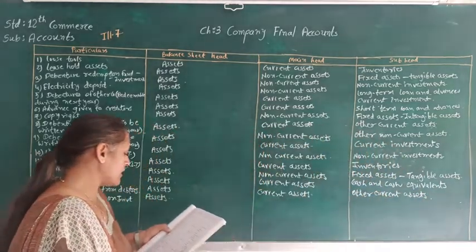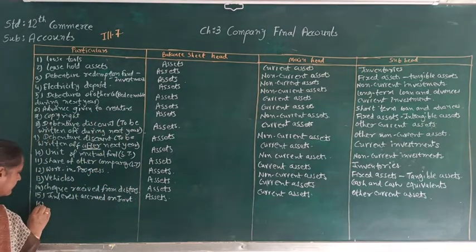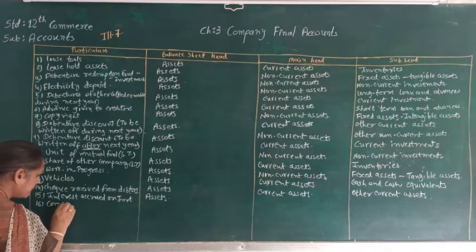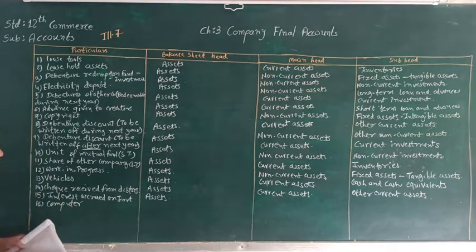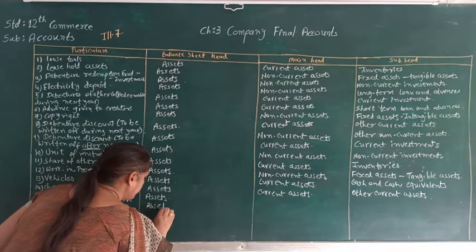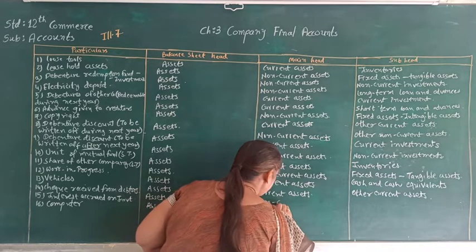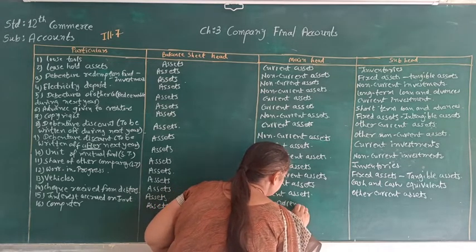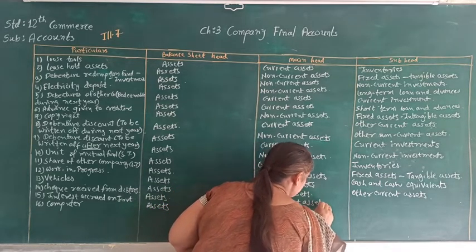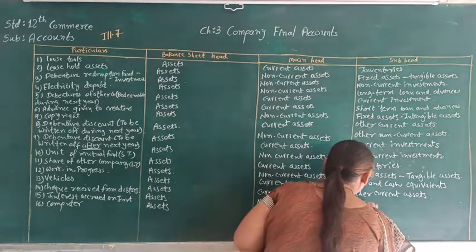Again, the next one, number 16, is computer. Computer, as we know, is a non-current asset. So this is under the main head non-current asset, where as we know it is a fixed tangible asset.